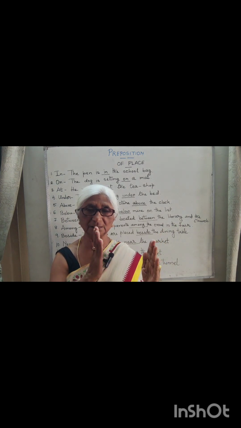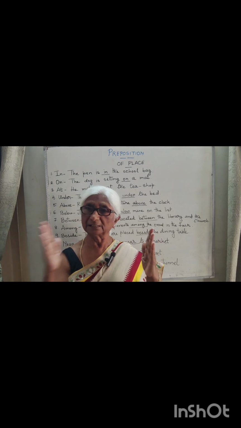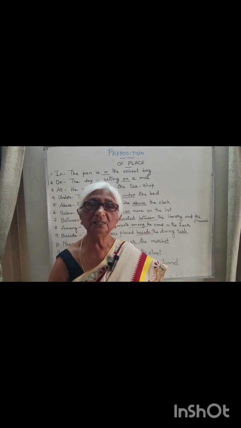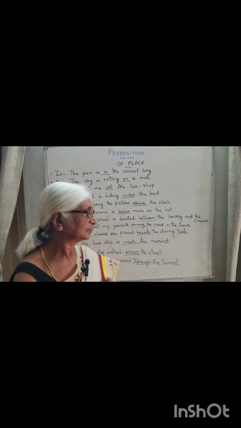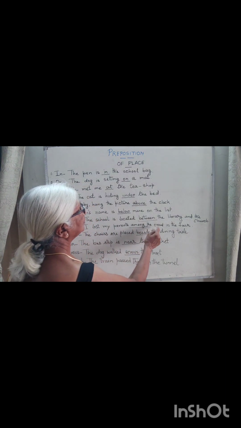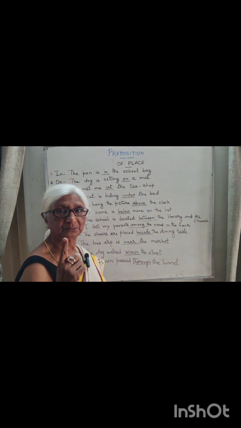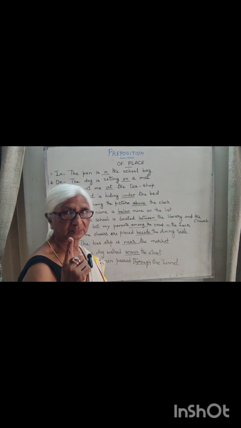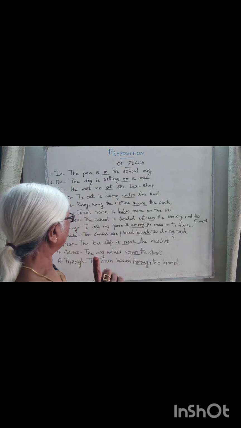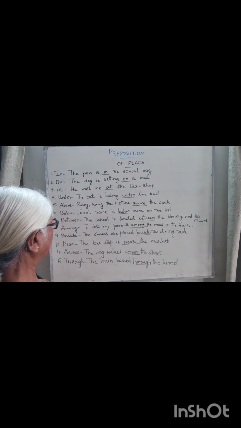If something is in the middle, two things, two places on two sides, that will be between. But when it is a huge number of people, then we use among. So, I lost my parents among the crowd in the fair. Don't leave your hands when you go to a fair. Okay, don't leave the hands of your parents when you go to a fair. Okay, so I lost my parents among the crowd in the fair.